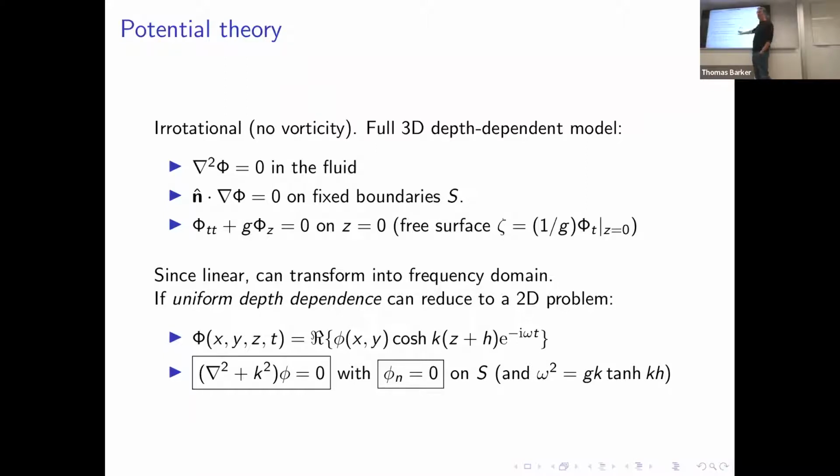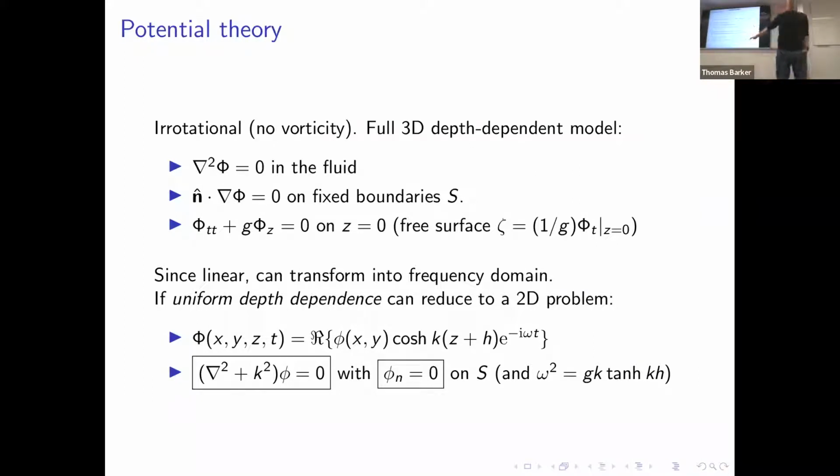I can make some other assumptions here. This is a time-dependent problem, it's linear, so immediately I can take out the time dependence through a transform into the frequency domain. So I don't have to think about time dependence, it can just be represented by a frequency component. And secondly, if I assume that I have uniform depth dependence, so whatever I have in my ocean is flat, and whatever protrudes uniformly through the depth, like a circular cylinder, for example, then I can factorize out the depth dependence, and that leaves me with a two-dimensional equation.